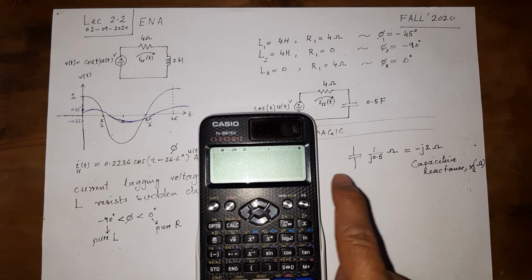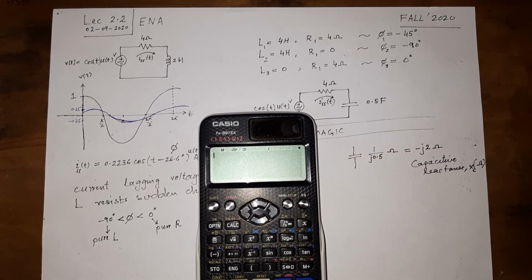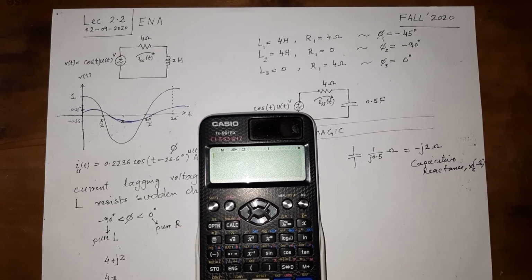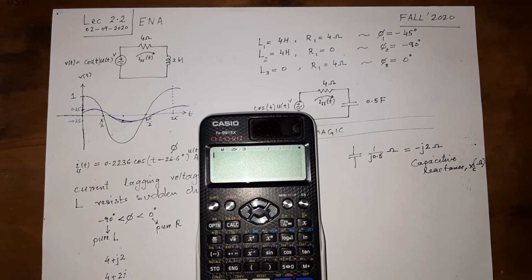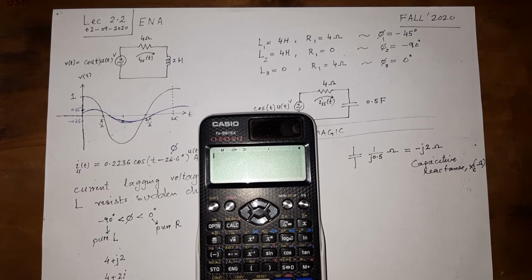However, I was not writing the number in the correct form. While here we prefer to write things as 4 plus j iota 2, the calculator says write in this fashion, iota after the imaginary value. This was my mistake.